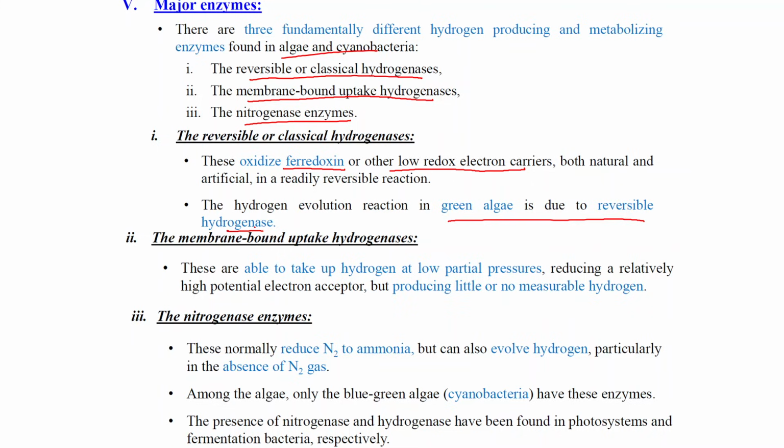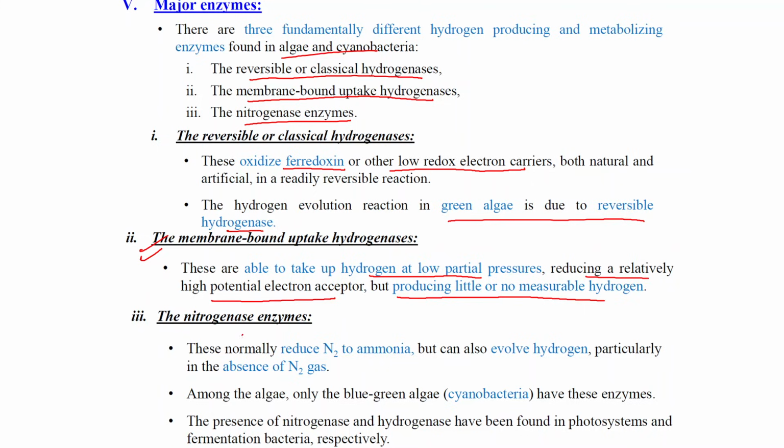The membrane-bound uptake hydrogenase is able to take up hydrogen at low partial pressure, reducing a relatively high potential electron acceptor, but the amount of hydrogen produced in this case is very little.